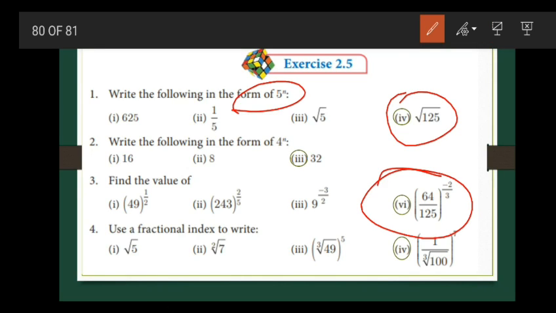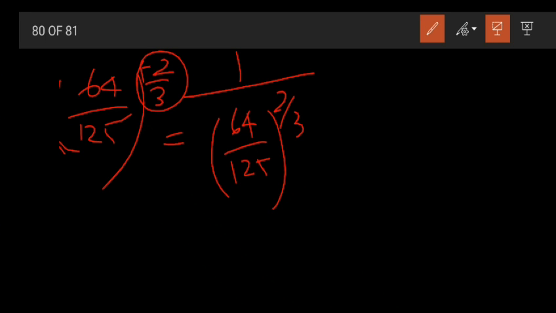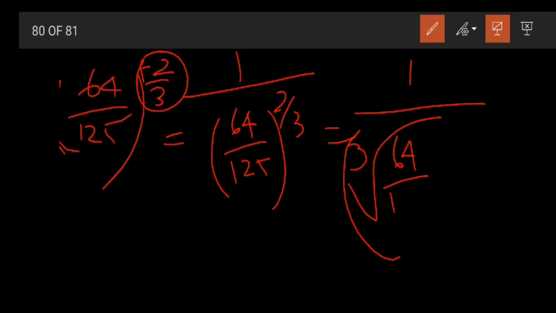Okay, I will do it one more time. We have to do 64 by 125 to the power minus 2 by 3. This can be written as 1 by 64 by 125 to the power 2 by 3. When you take this to the denominator, this will become positive. So this is nothing but 1 by cube root of 64 by 125 whole square.